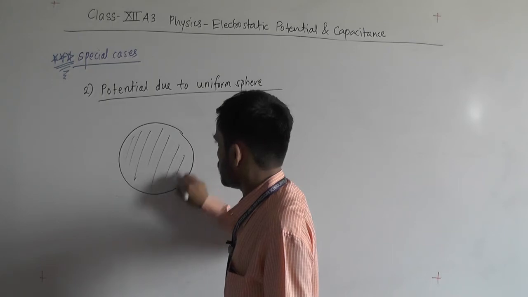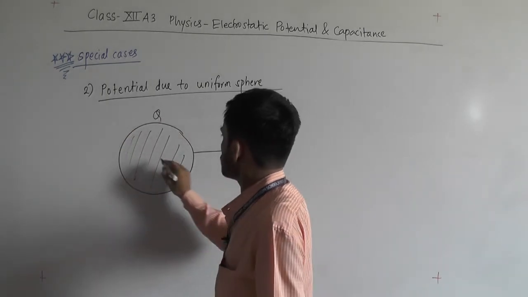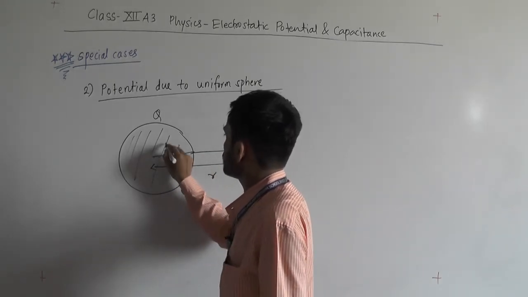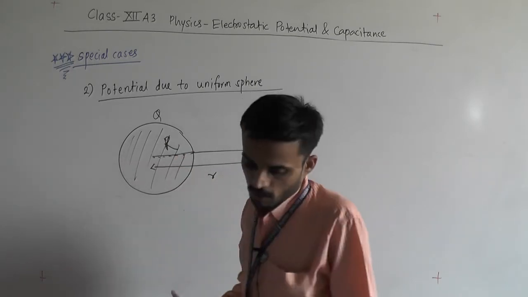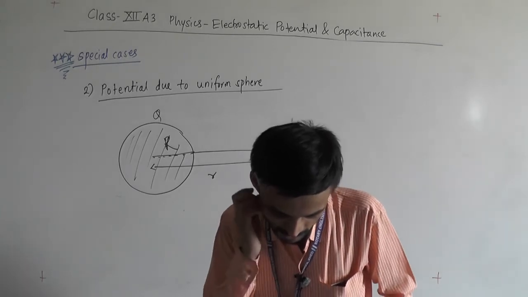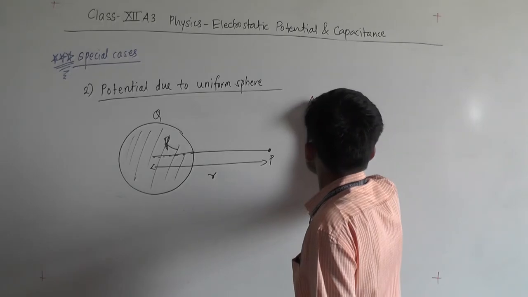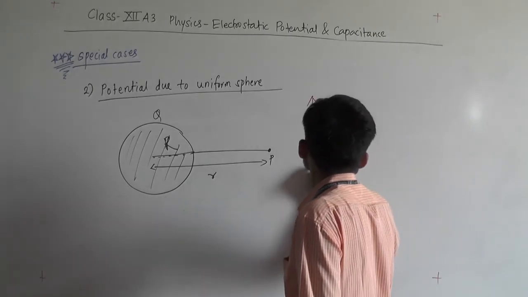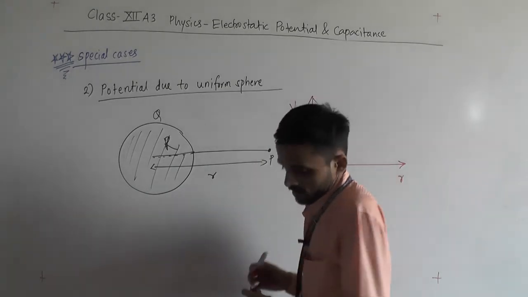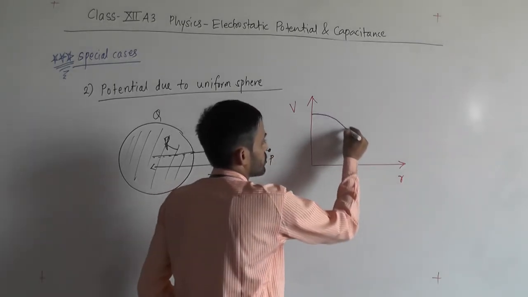A sphere like this will do to show solid, and here charge Q is kept. And now this is the point which is at a distance r, and this is radius capital R. So for this also you will get outside, inside and at the surface. While drawing the graph you will keep in mind this is also V versus R. So the graph will look like this.